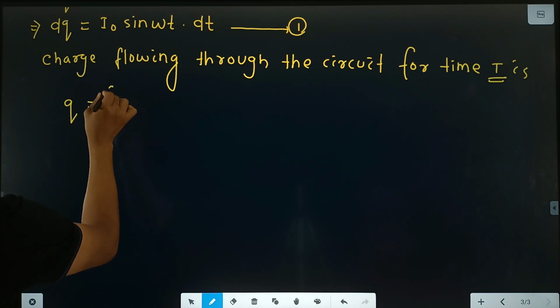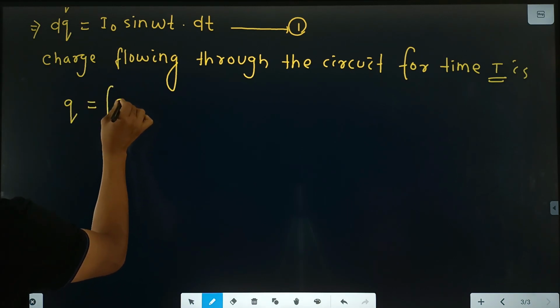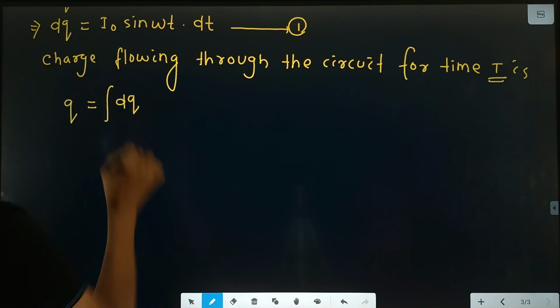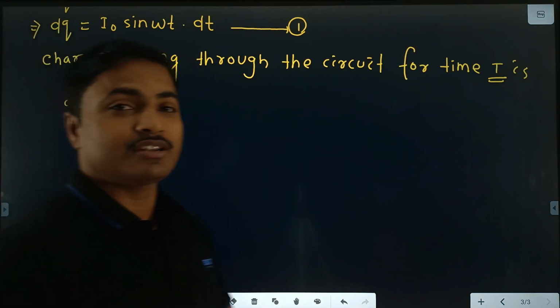Q is equal to the summation or integration of all the dq, or all the small charges.